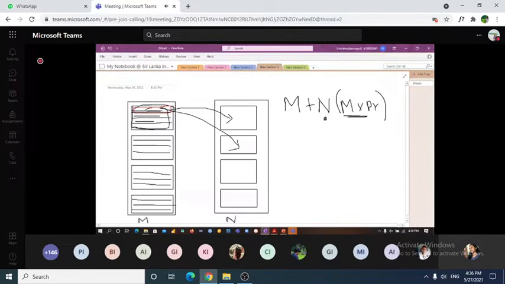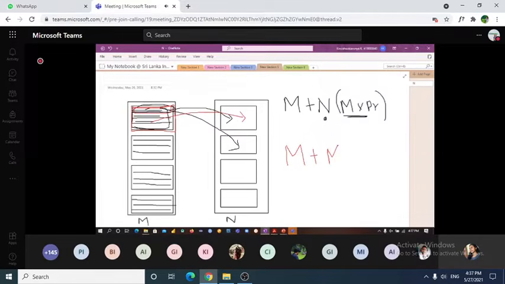Okay, so the next one is a page-oriented nested loop join. The name itself tells that we are going to compare the whole page here. Initially we compared a record, now we take a whole page. Take one page from the outer table and read the inner pages. That's how it happens. So we are reading m number of pages, plus for each page we are reading the inner table n number of times.